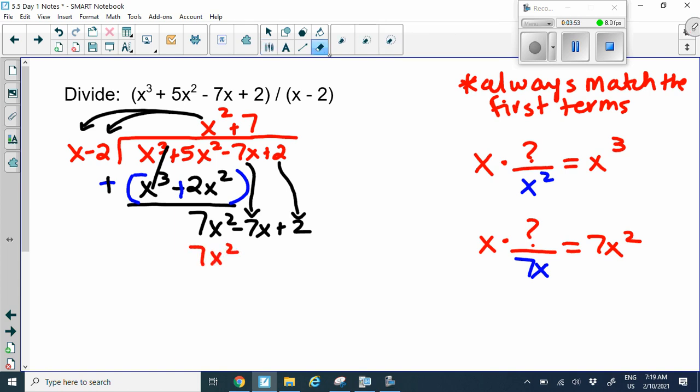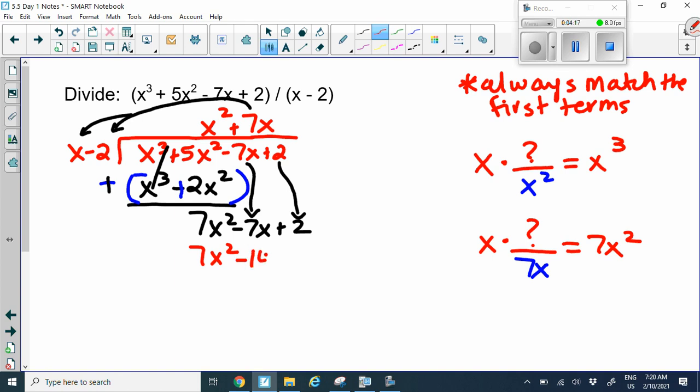Now this time what I need to do is I'm going to take my 7x and multiply by both terms. So I'm going to take 7x, multiply by the x and multiply by the negative 2. So from there, I do 7x times negative 2, so that gives me negative 14x.